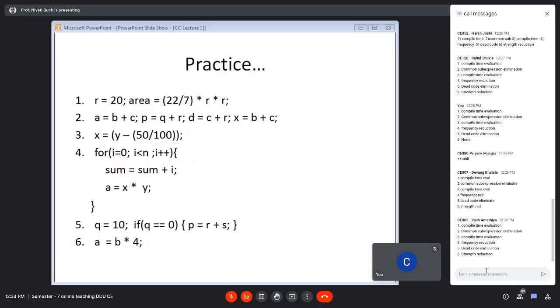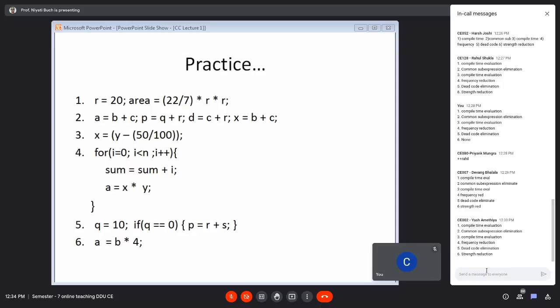Over here we have sum equals sum plus I. I is going to change with every iteration of the loop, so that statement cannot be moved outside the loop. But there is a statement that says x into y assigned to a. It is not dependent on any loop variable, so that can be moved outside the for loop.